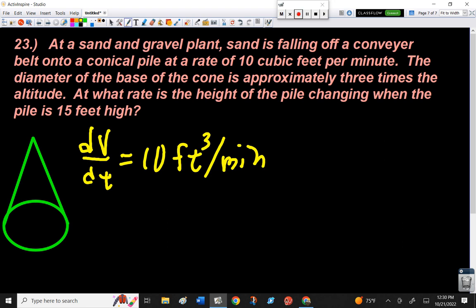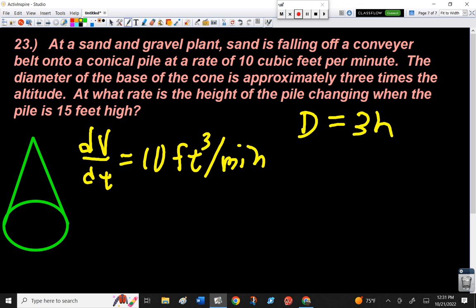The diameter of the base of the cone is approximately 3 times the altitude. Well, another way of saying altitude is height. They like to mix the words altitude and height together. It's the same thing. That's interesting. They give us that random piece of information.